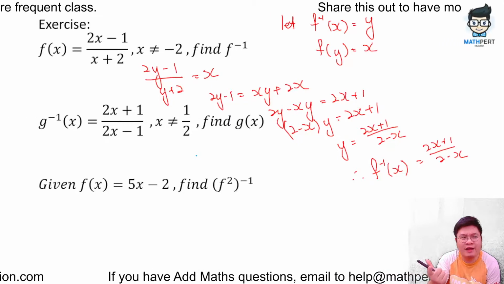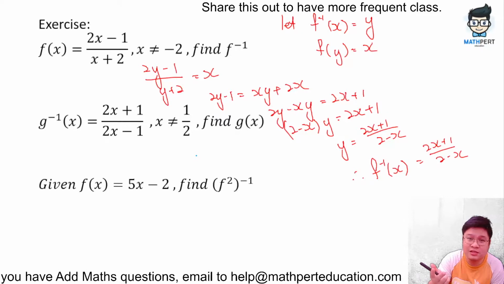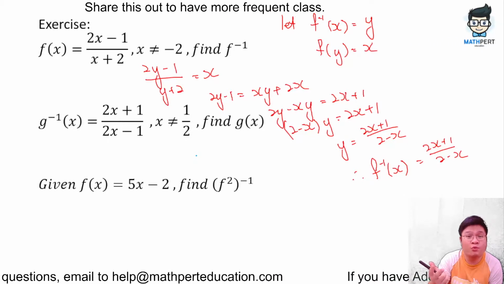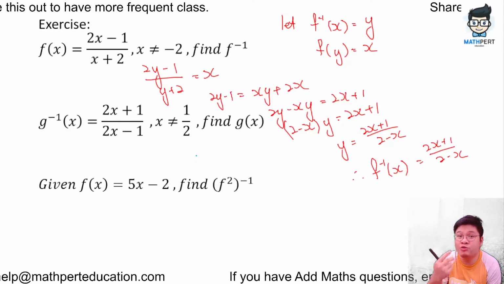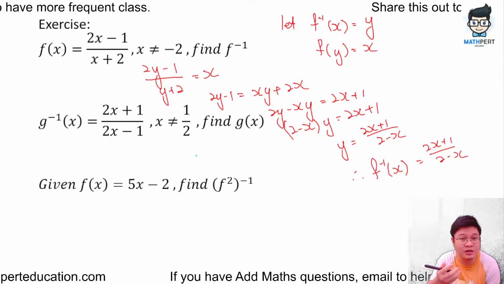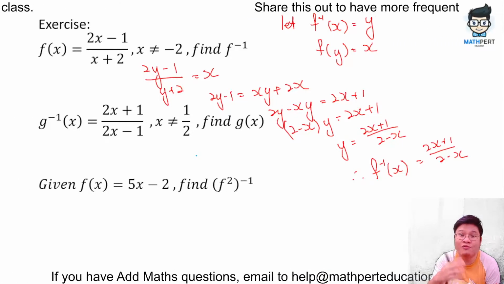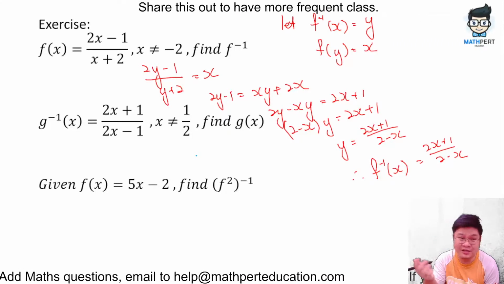Form 4 and Form 5, 2 years, so roughly 20 chapters. Each chapter takes about 1 week of revision, so you need 20 weeks, and you still need to solve your past year questions. It is better to start your revision now rather than wait until the last minute, the end of this year.